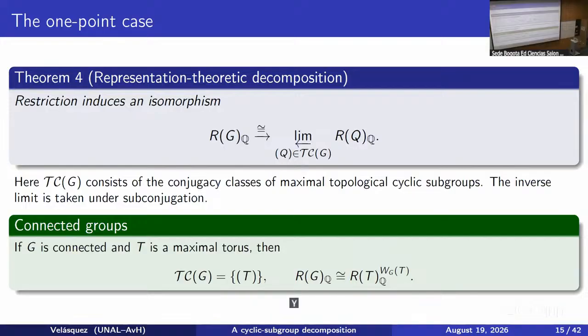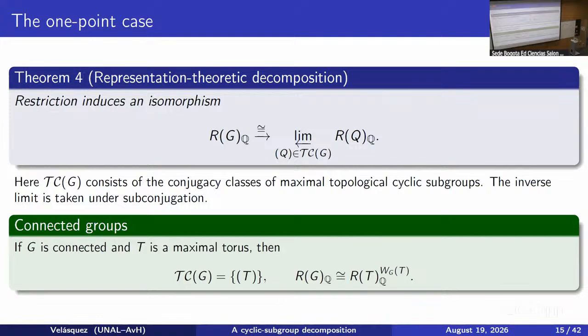The inverse limit is taken over the set of conjugacy classes of maximal topological cyclic subgroups, under the relation given by subconjugation. I will explain this in more detail in some minutes, but the idea is that we can recover all the rational information of the representation ring using just topological cyclic subgroups.